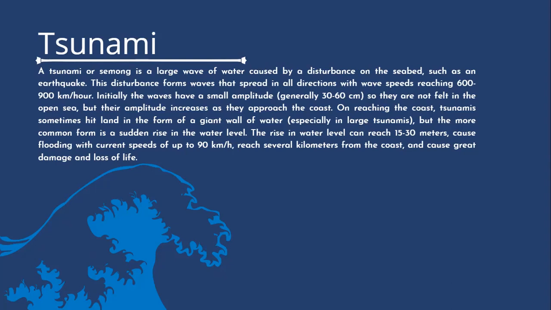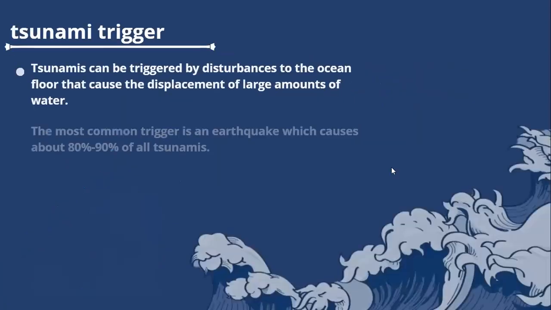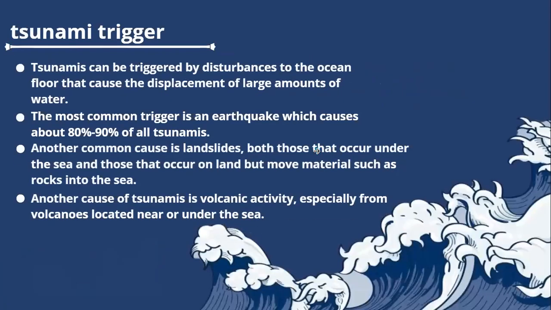Okay, next. Tsunami triggers. The first is that tsunamis can be triggered by disturbance to the ocean floor that causes the displacement of a large amount of water. In the process of the disturbed water returning to equilibrium or calm, a wave can form and spread away from the center of the disturbance, causing a tsunami.